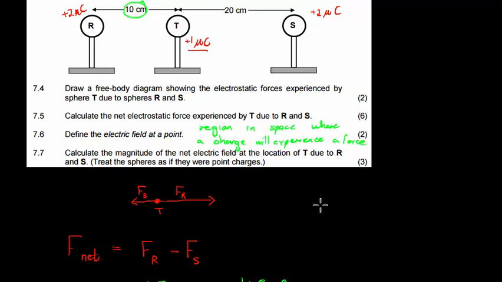Calculate the magnitude of the net electric field at the location of T due to R and S. Now, there are two ways of doing it. This is actually very easy once we've done our first one.